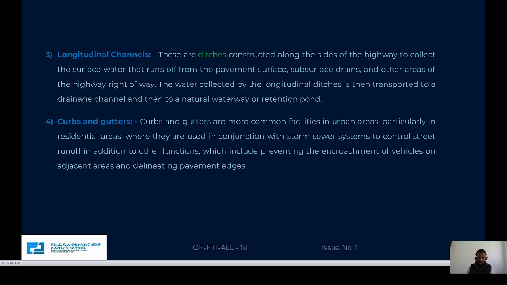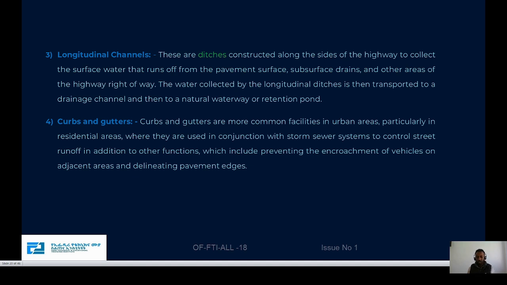The ditch construction collects the waters from the cambers and also the longitudinal drainage systems, collecting water from the pavement structures and also from surface drainage to the right of way.